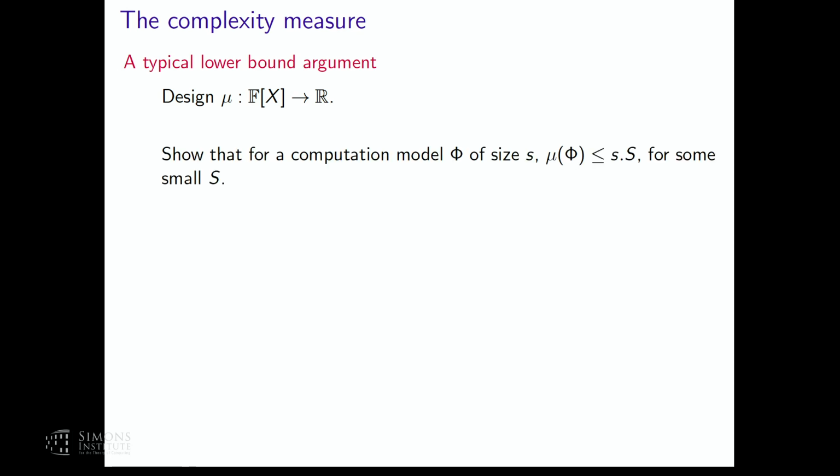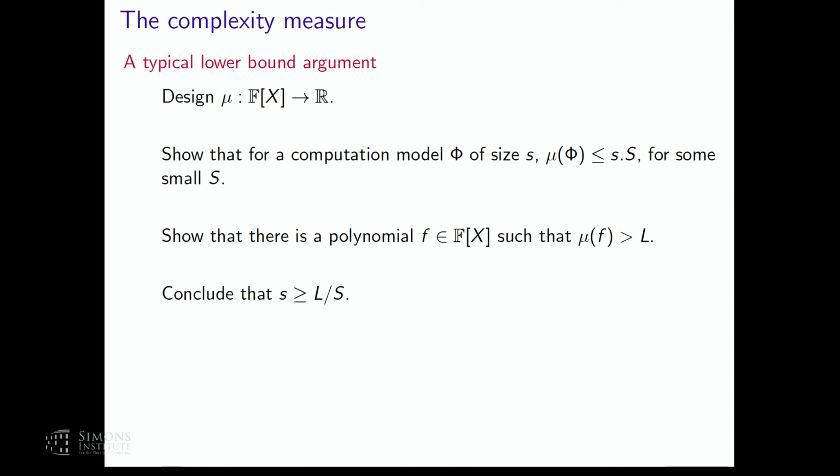You show that when mu is applied to your computational model, the quantity you recover is quite small, say S times capital S, where S is the size of the formula or the model you are looking at. Then for the polynomial that you are trying to work with, you show that mu applied to that is quite large. And then by just comparison, you can get things like, the size of the circuit better be L by S.